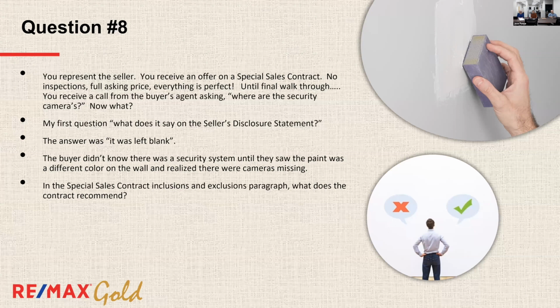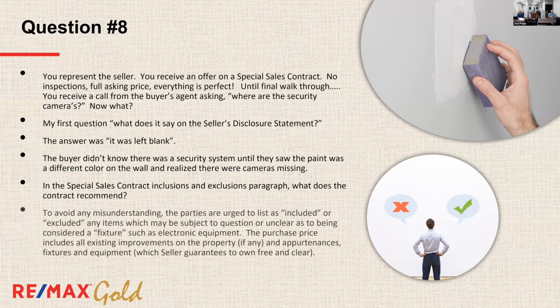It says to avoid any misunderstanding, the parties are urged to list as included or excluded any items which may be subject to question or unclear as to being considered a fixture, such as electronic equipment. The purchase price includes all existing improvements on the property, if any, fixtures, equipment, etc.